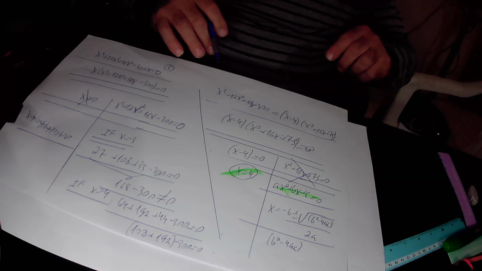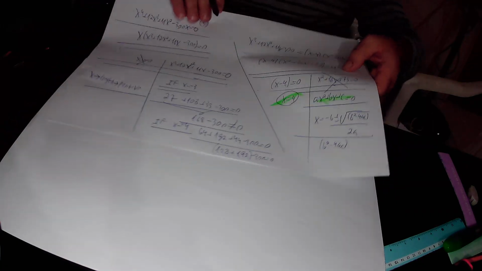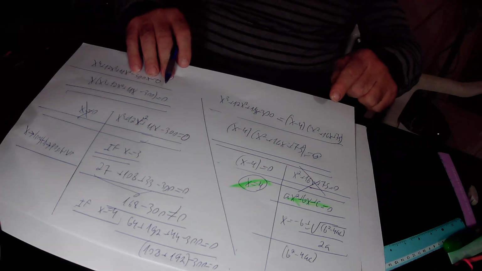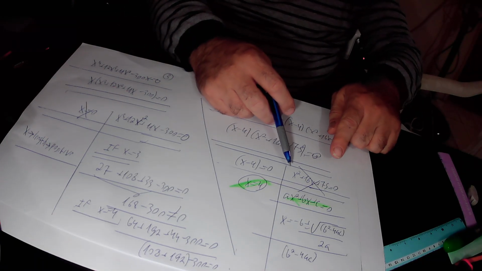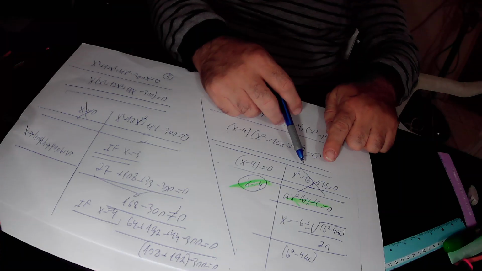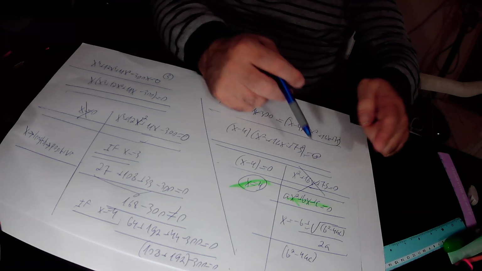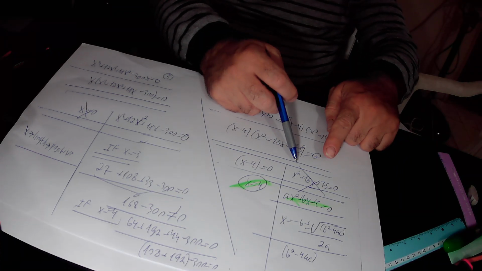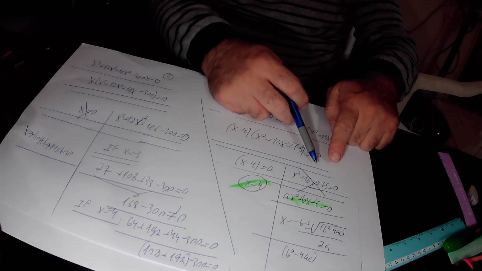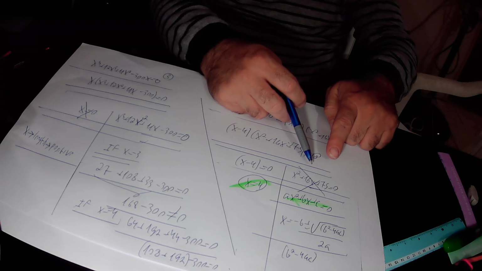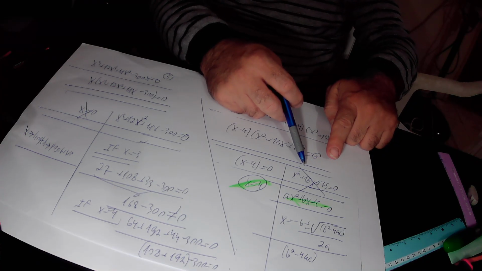We get that x squared plus 16x plus 64 plus 11 equals 0. x squared plus 16x plus 64 is x plus 8 squared, plus 11 equals 0. If you subtract 11 from the equation, we get that x plus 8 squared equals minus 11.